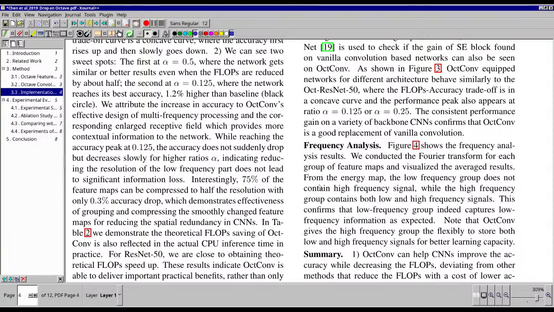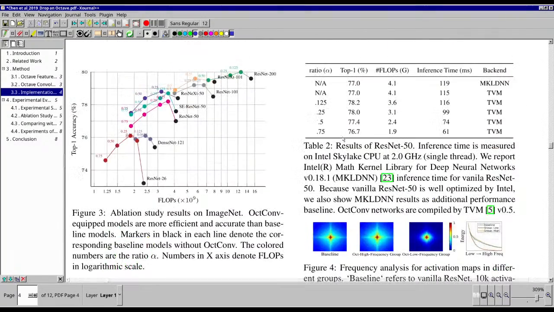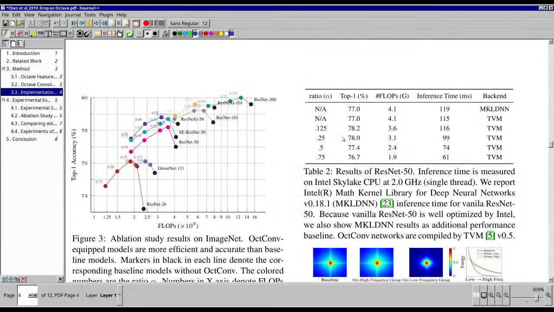Yeah, I guess the paper is almost done. Looking at the figures, okay. The more you compress, the fewer flops you do, but accuracy starts to falter. Well, not much.